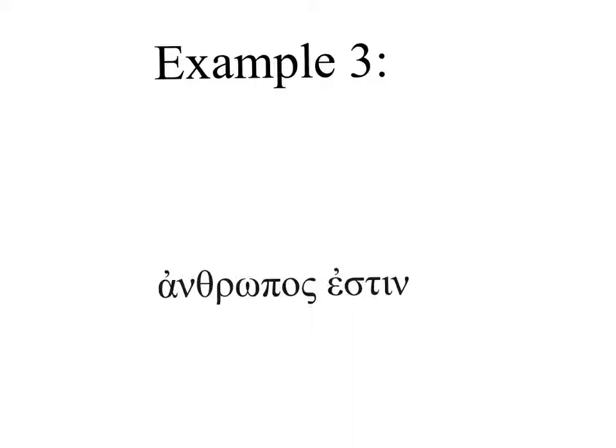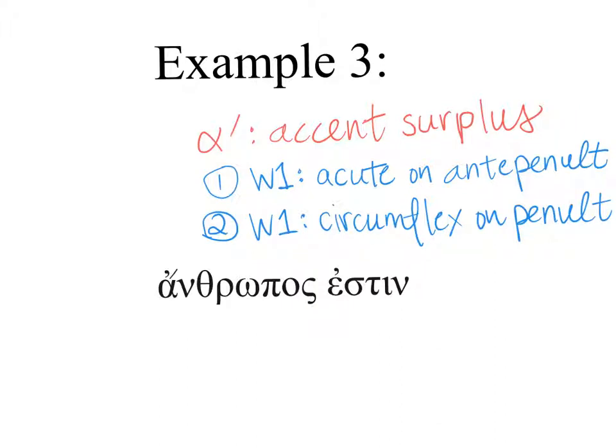Example 3, anthropos estin. So we're hanging out with the same words here, except in a different order, and that's going to change things for us. So our first word, anthropos, as we recall, is accented normally like anthropos. So let's see what's happening here. We know the normal accentuation. Now we have to check rule alpha, which is the fun rule about magical accent surplus that can happen under the circumstances that word 1, anthropos, has an acute on the antepenult or a circumflex on the penult.